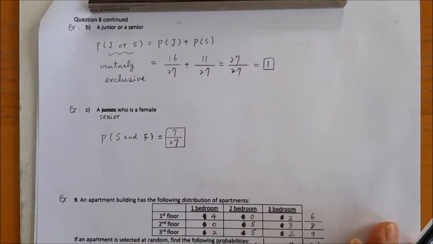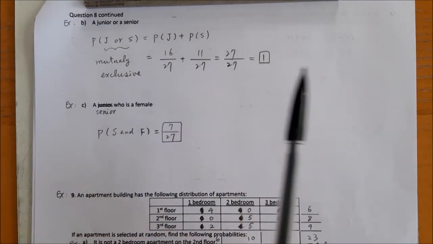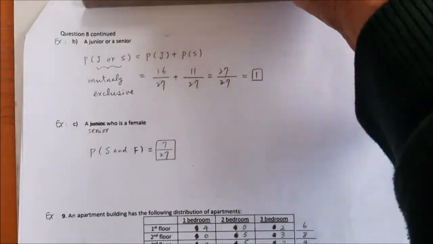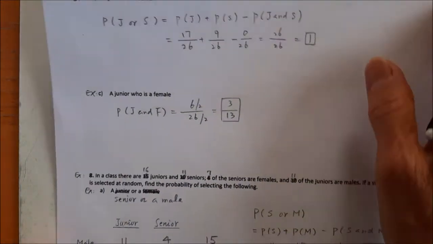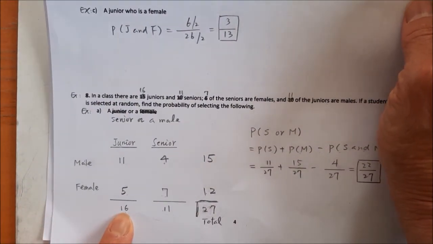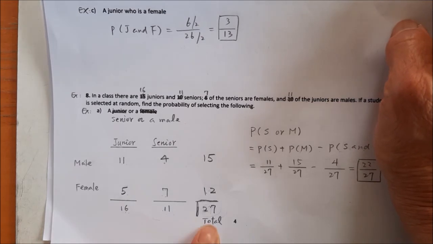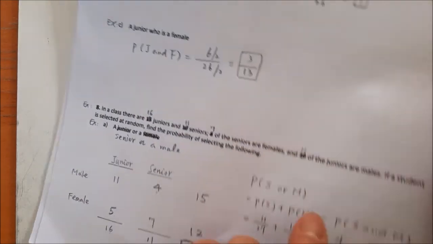What is the probability of junior? How many are juniors? Here there are 16 juniors, so this is 16 out of 27. How many are senior? 11 out of 27.